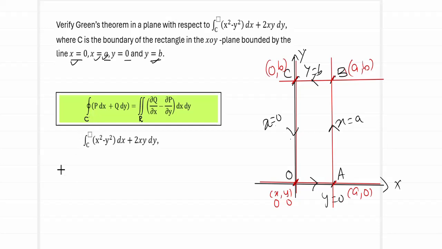Now identify the statement of Green's theorem in the plane. Integral over C of p dx plus q dy equals double integral over R of dou q by dou x minus dou p by dou y dx dy.